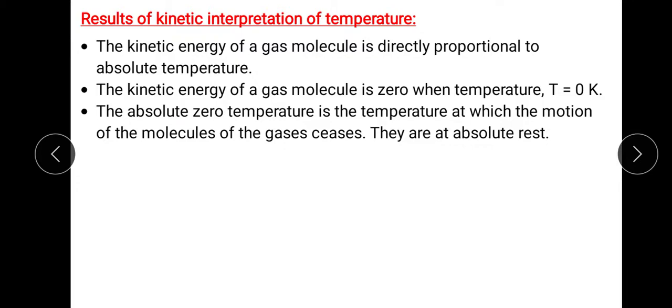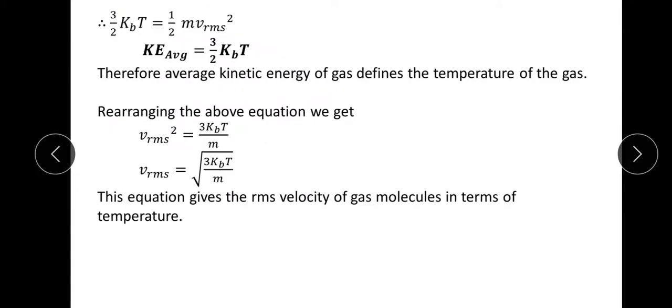We already know this. So absolute 0 temperature is the temperature at which the motion of molecules of a gas ceases. They are at absolute rest. Means if the kinetic energy is 0, their velocity is 0. As their velocity is 0, they are at absolute rest.